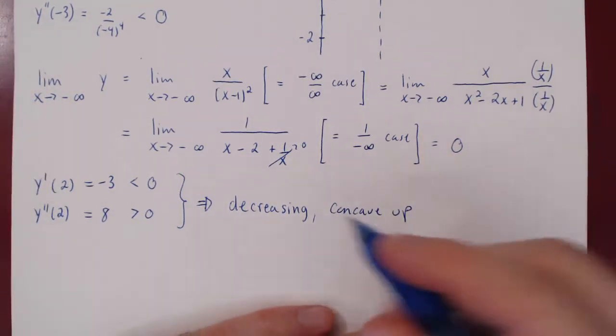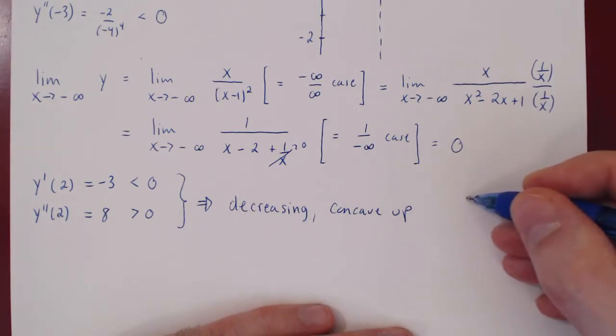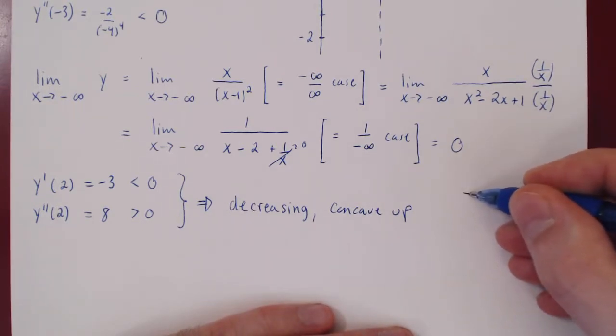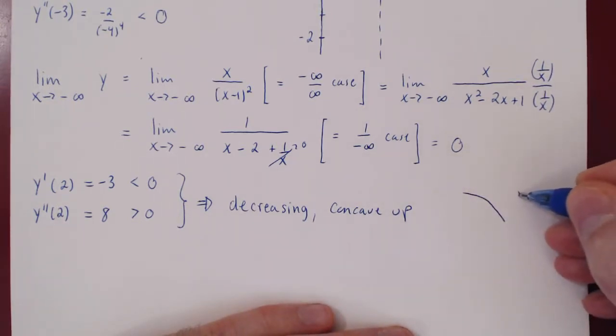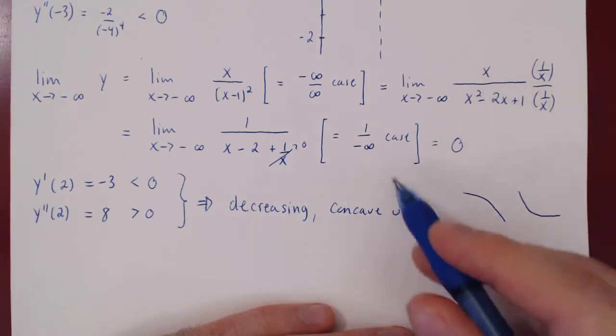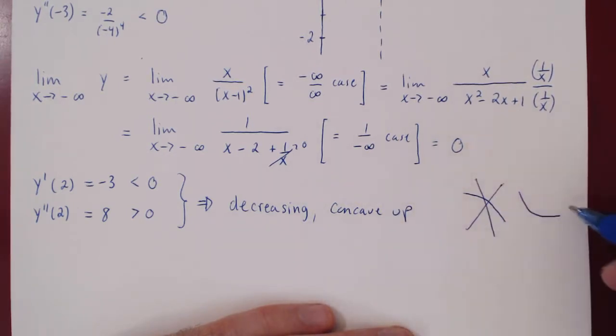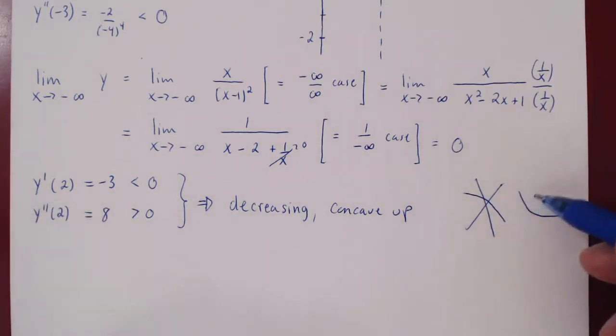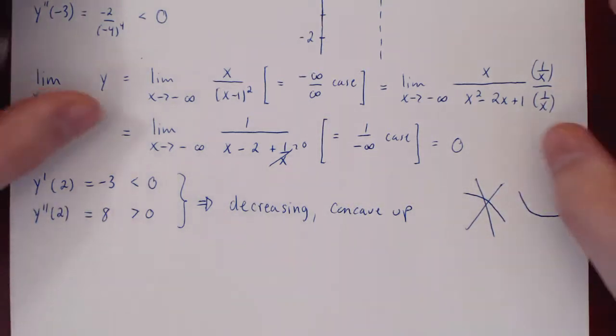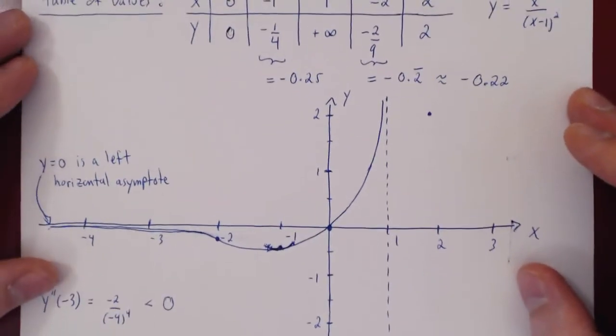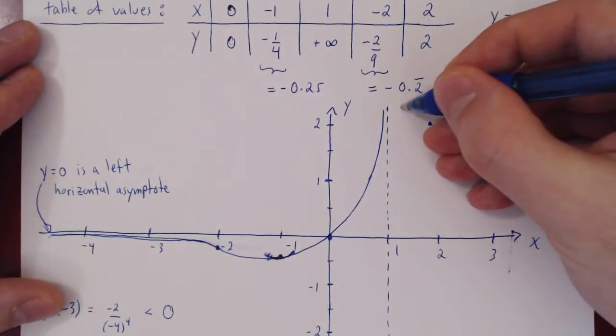Well, if you think of it, there are only two ways to have a decreasing function: either it is decreasing concave down, or it is decreasing concave up. We know it's concave up, so the curve will look like this around x equals 2. So we go back and glue this around x equals 2. So the curve will look something like this.